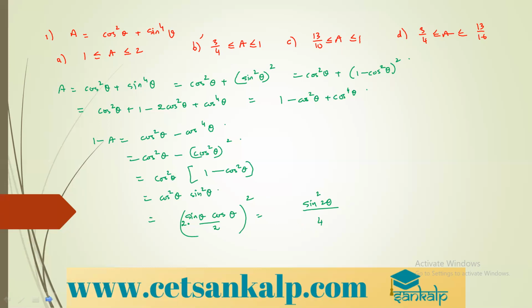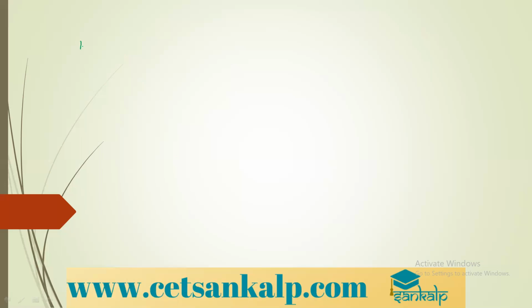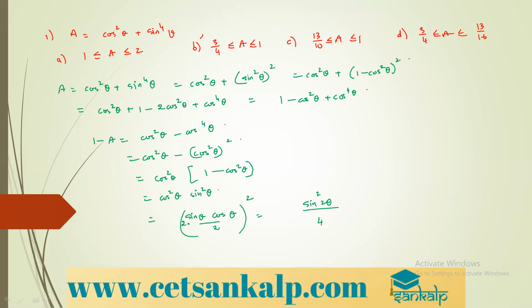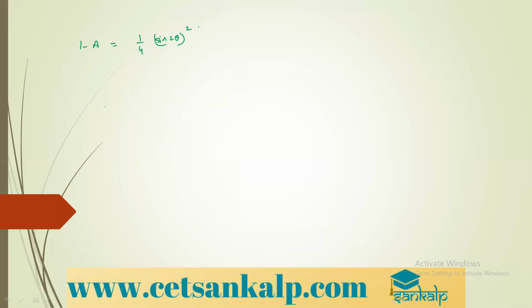So this is what I got for 1 minus A: 1 minus A is 1 by 4 sine 2 theta whole square. Nothing new. So 4 into 1 minus A will be equal to sine square 2 theta.